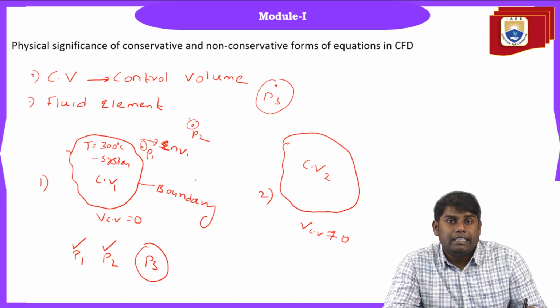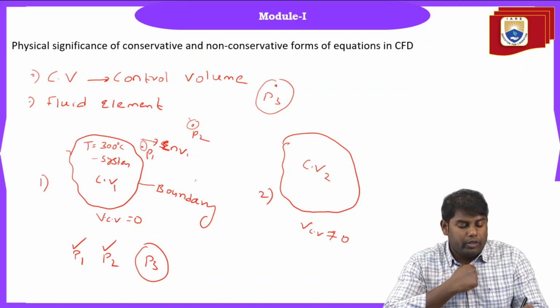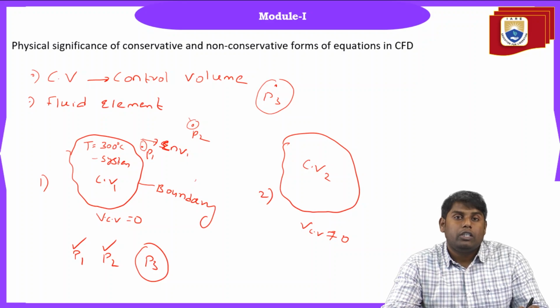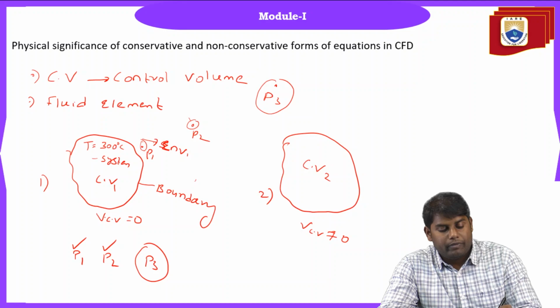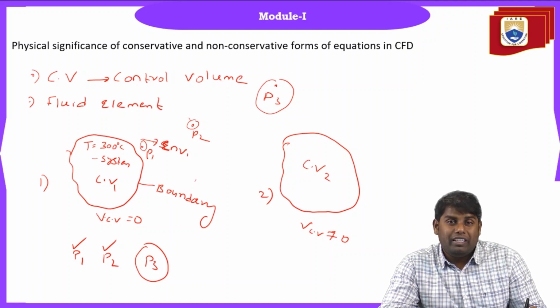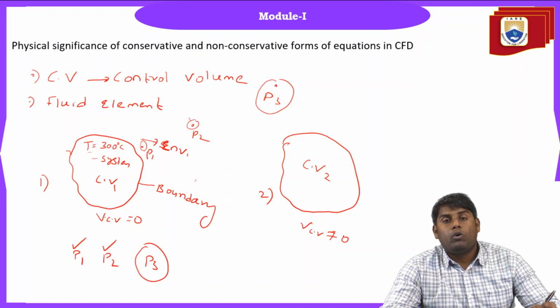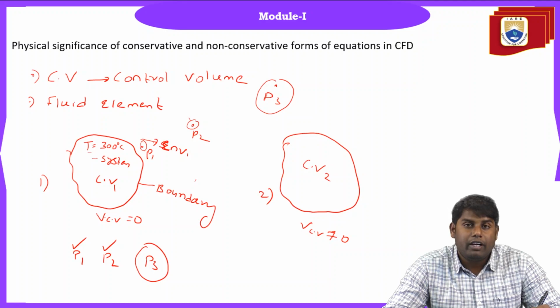Because of this hot element, if any change happens near P1, P2, then you can consider P1, P2 as your surrounding variables. When you take P3, the effect of this system here is 0. There is no effect here. Now, the boundary is the entity which divides the system from the surroundings.